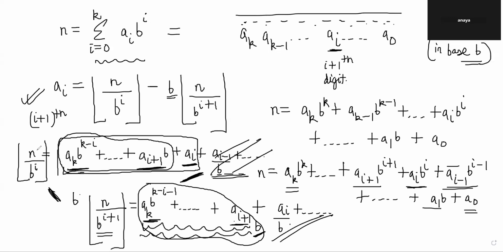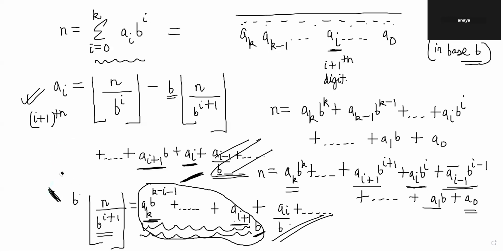It is not very difficult. It looks difficult because we are using symbols. But this gives you a method to find any digit of a base b integer.